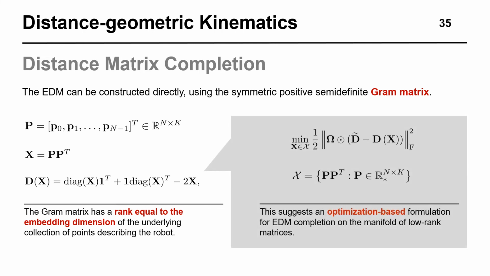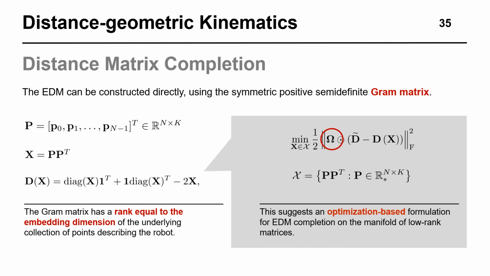This suggests that Euclidean distance matrix completion can be formulated as a local optimization problem over the manifold of Gram matrices of rank equal to that of the embedding dimension of the point set. Note that the linear operator omega is used to select the distances defining the inverse kinematics problem from the matrix of known distances d tilde and the distance matrix constructed using our decision variable.